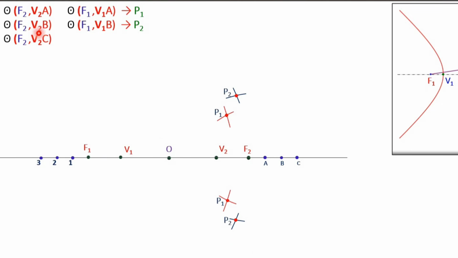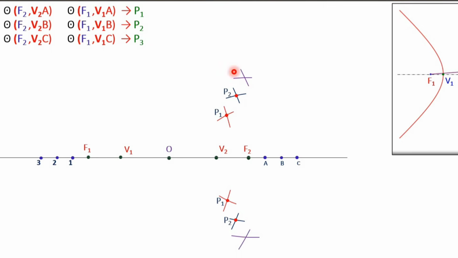Similarly, now you can imagine the radius is V2C. So from here to here, you have to set the radius. Then take F2 as the center and draw the arc with the help of the compass. Next, here the radius is changed, V1C. So take V1C as the radius and F1 as the center, and draw the arc.